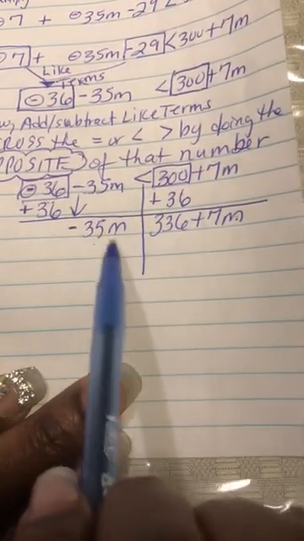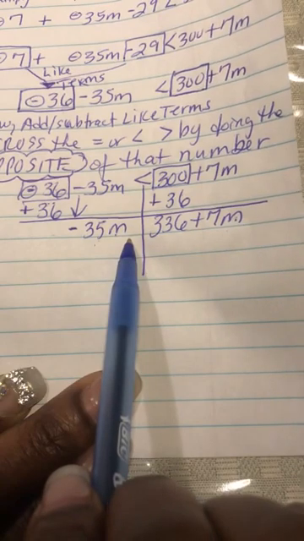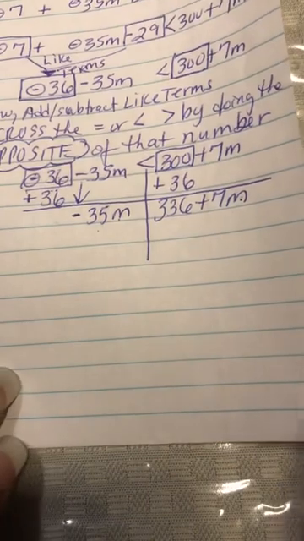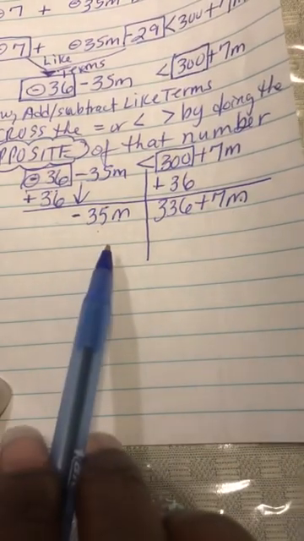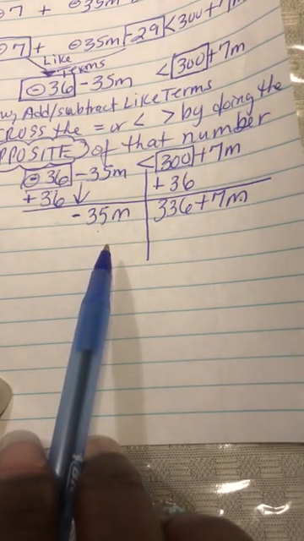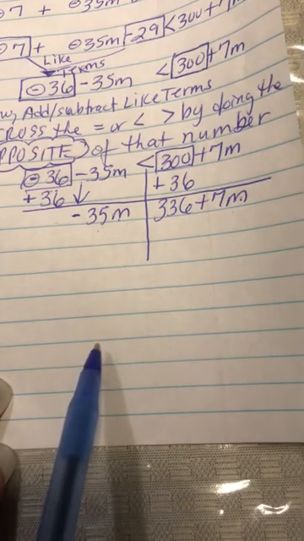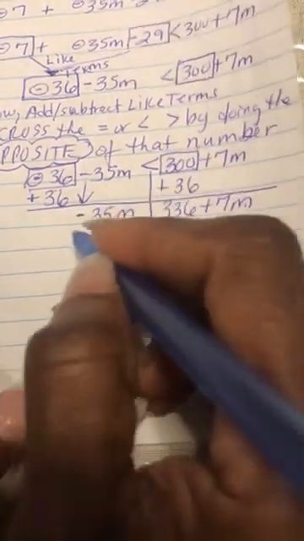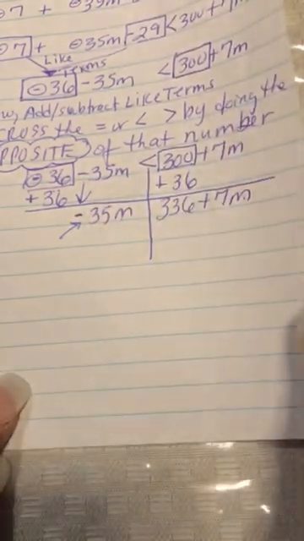Never move this negative 35m, okay? So I'm going to put that as one of our steps. I'm going to put it here. So this is step number 6.